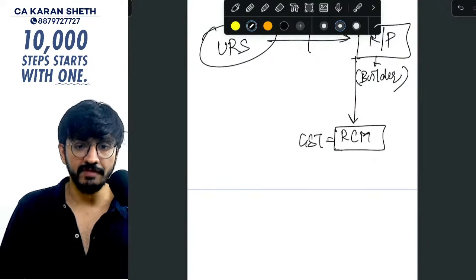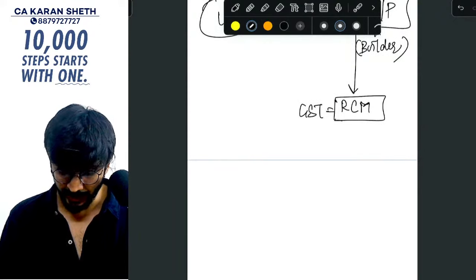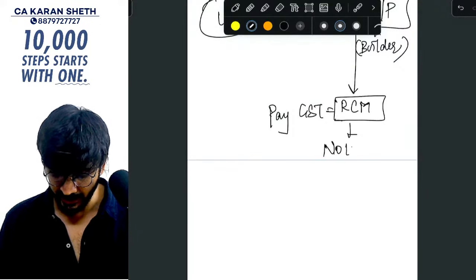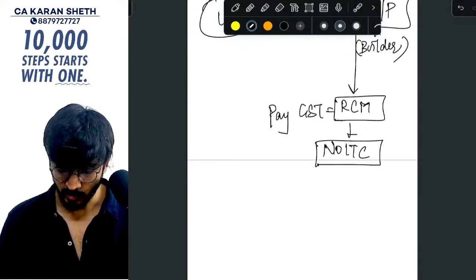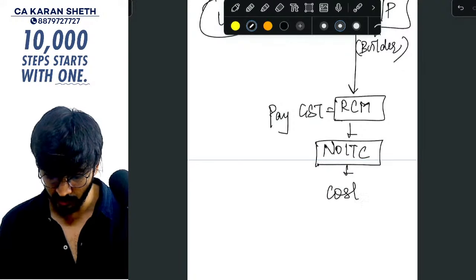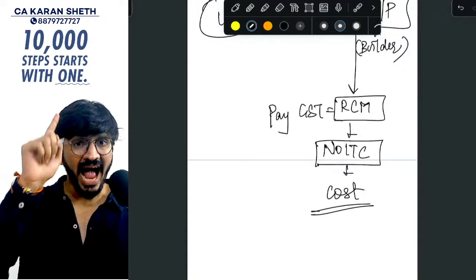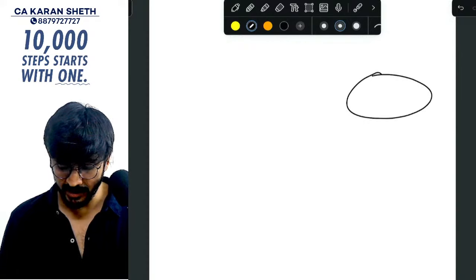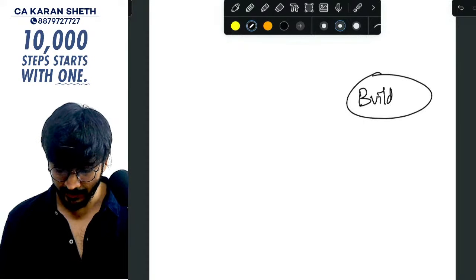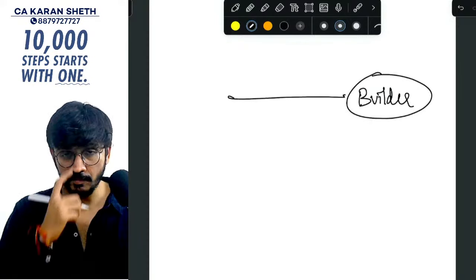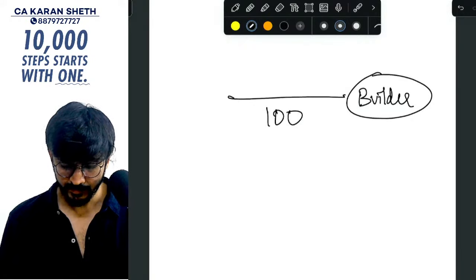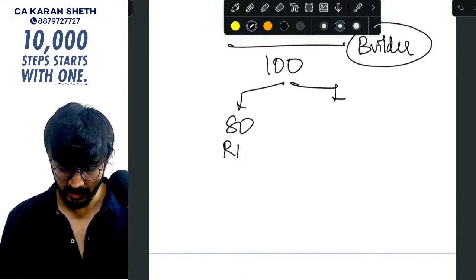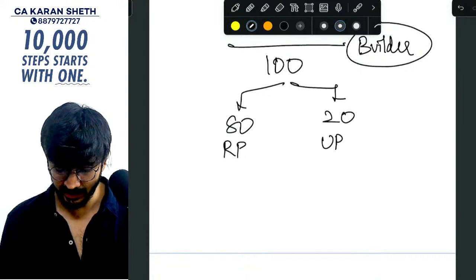Are you getting it, my dear friends? Okay, so you pay GST as per RCM, and obviously you are not getting any ITC on this, so it will clearly become part of your cost. Okay, and understand. Let's say, for example, you are a builder, correct? Let's say 100 is the purchase. 80 registered, 20 unregistered, correct?